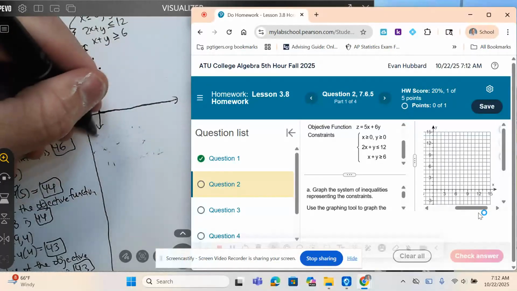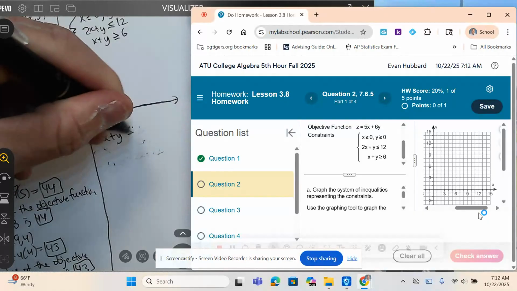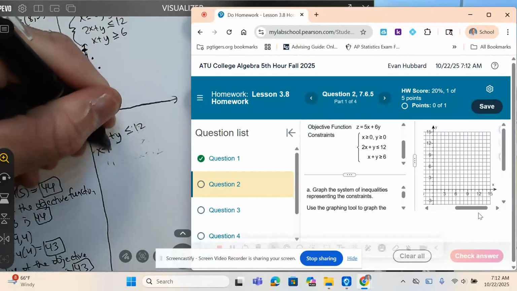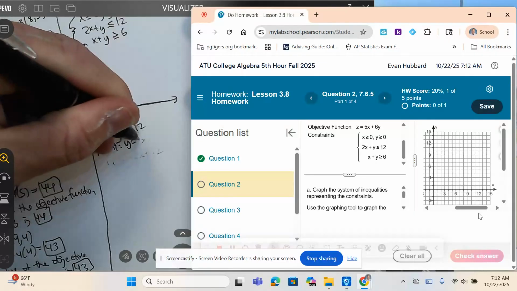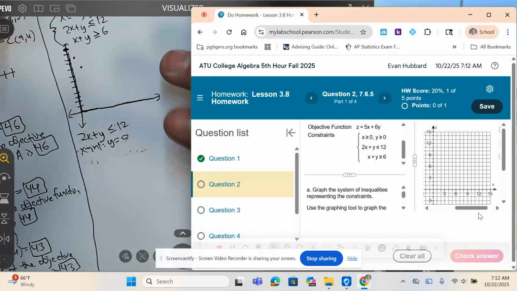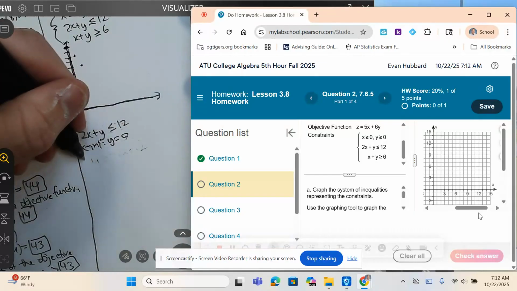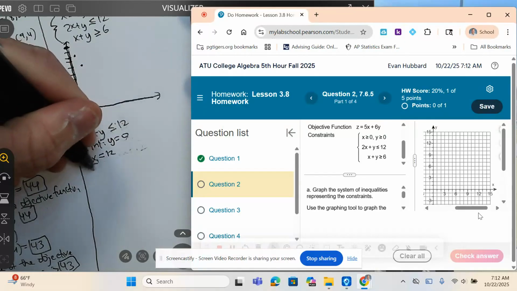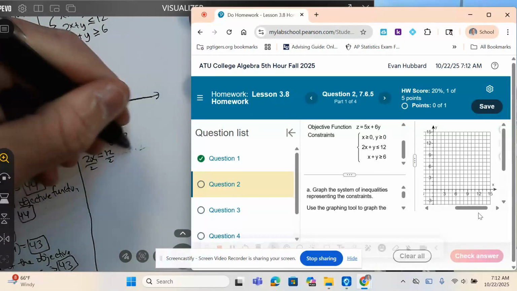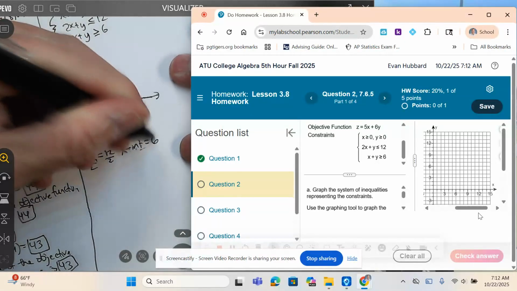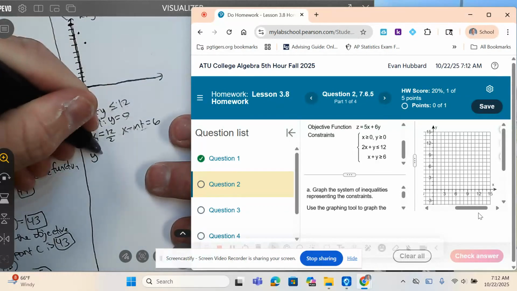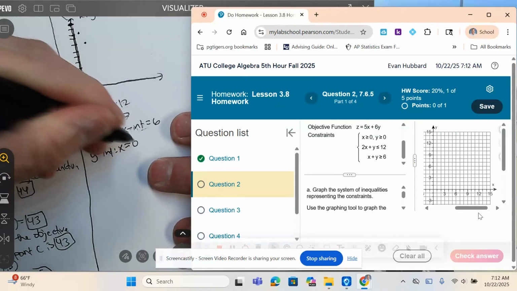So 2x plus y is less than or equal to 12. I'm going to find the x-intercept, make y equal 0. It doesn't matter how you do it on your graph, because it'll automatically trace. So the x-intercept is equal to 6. And then the y-intercept, make x equal 0.